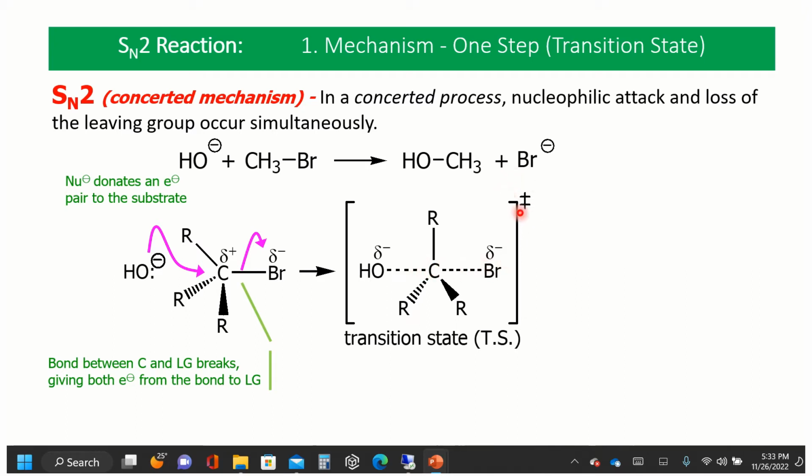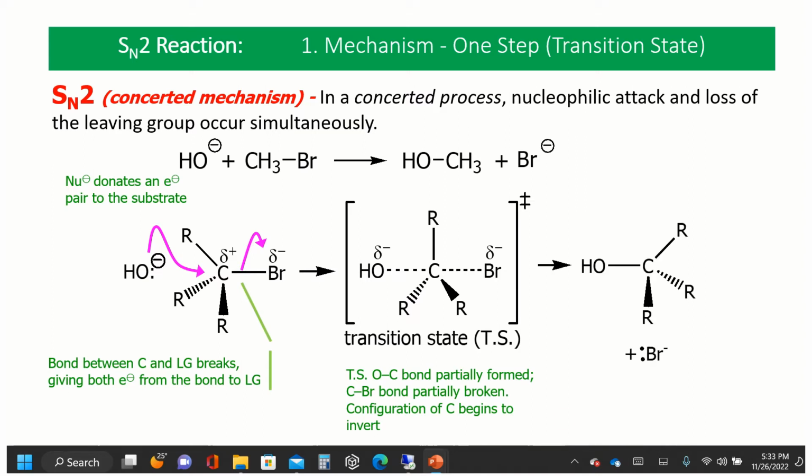We use this dagger to tell the reader that we have a transition state. Once the transition state collapses to give us our product, you will note that there is an inversion of the stereogenic center if there is one present. And here is our leaving group.